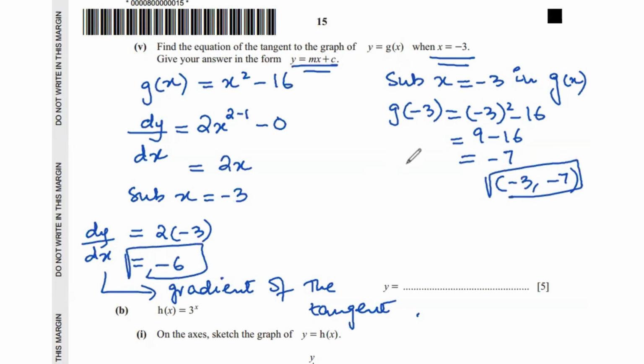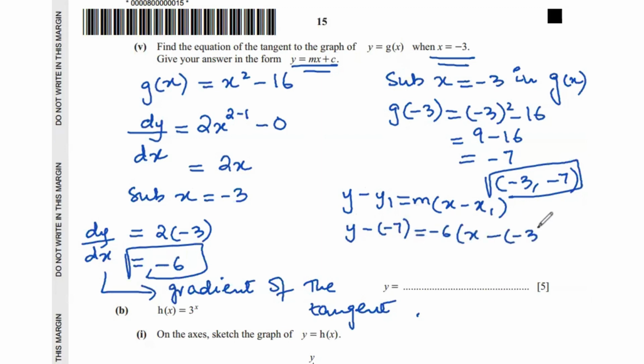Using the point slope form, y minus y1 equals m times (x minus x1). y1 is -7, m is -6, x1 is -3. So you substitute all of this. y plus 7 equals -6x minus 18. y equals -6x minus 25. That is your answer.